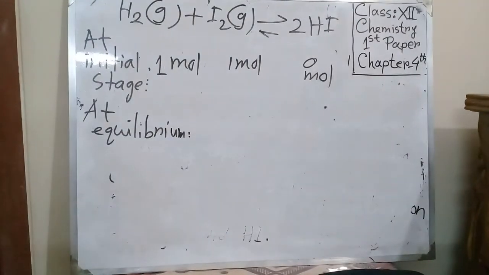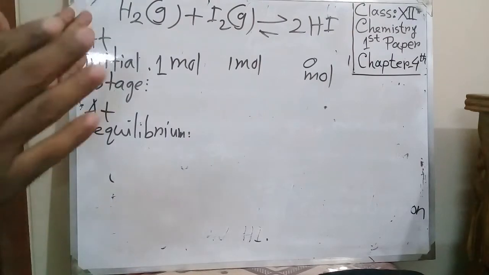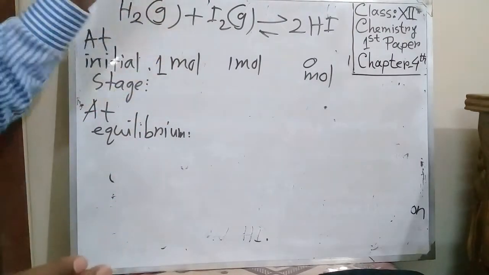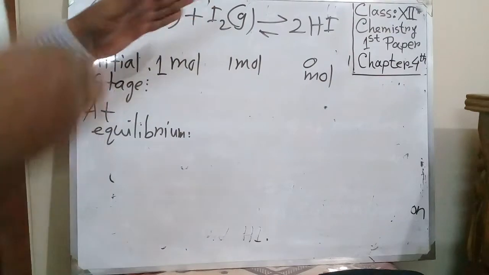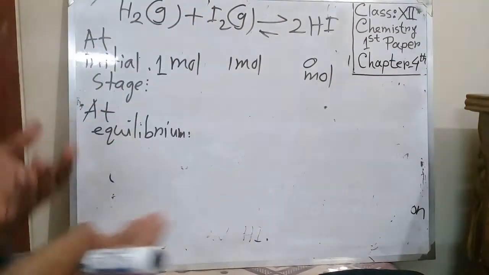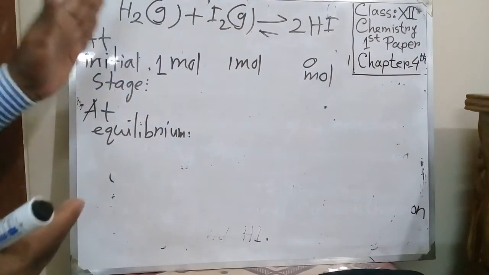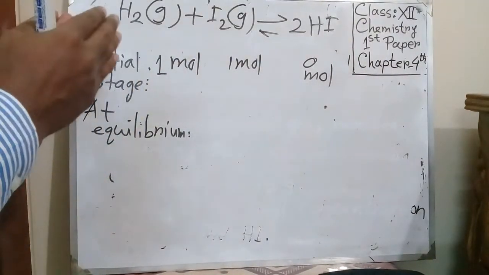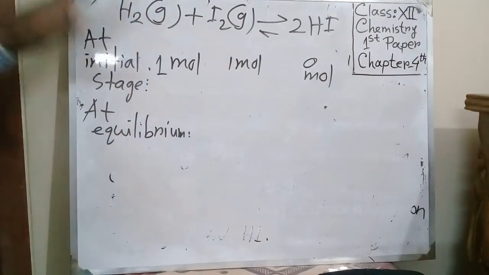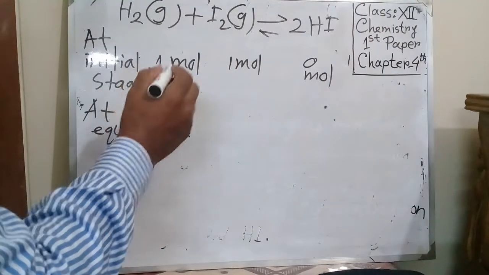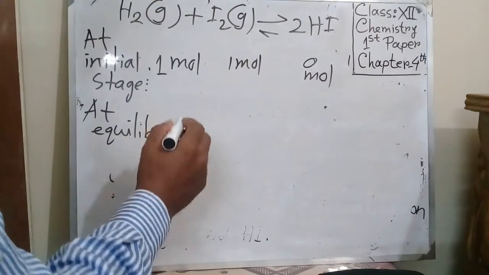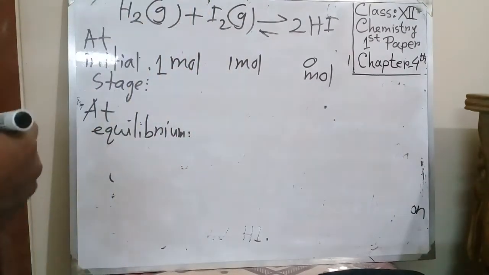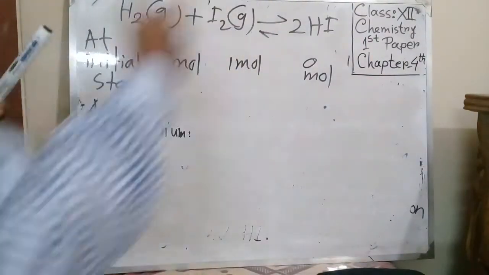At equilibrium, as we discussed in the previous class, means the stage where both reaction rates, that means the forward reaction rate and the backward reaction rate, will be equal. So at equilibrium we can get some product, that means hydrogen iodide, and of course the backward reaction will occur, so we can get hydrogen and iodine. Here alpha mole of hydrogen and alpha mole of iodine were broken down into hydrogen iodide.